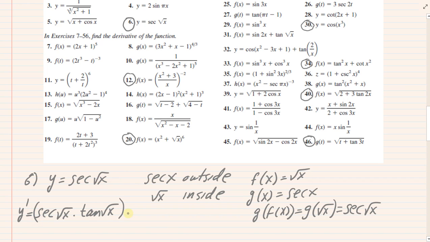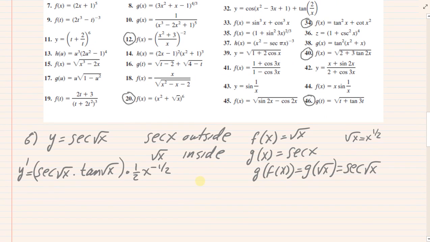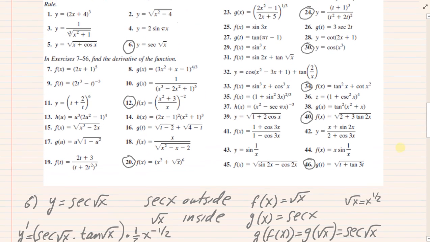And then we're going to go times the derivative of the inside, which is the square root of x. And square root of x, we know root x is x to a half, right? So the derivative of that is going to be 1/2 x to the negative a half. And we can now finish it off. So I'm just going to write it without negative exponents. So that's secant root x tangent of root x divided by 2 square root of x. And we're good with this one. Okay. And there is number 6.